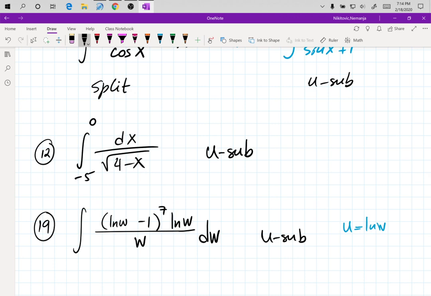Page 524 gives you another 50 exercises, right, to practice. And some of these are spicy.